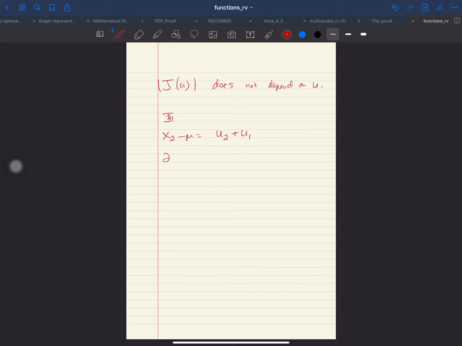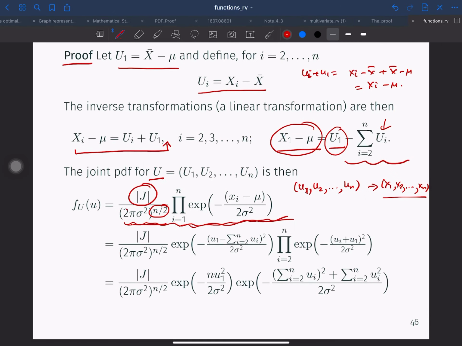So the derivative of x2 minus mu with respect to u1 is 1, and the partial of x2 minus mu with respect to u2 is also equal to 1. Both of these do not depend on u1 or u2 or so on. So in a sense, the Jacobian here does not depend on u. That is a very important thing to note.